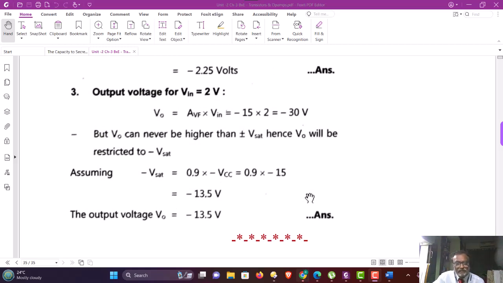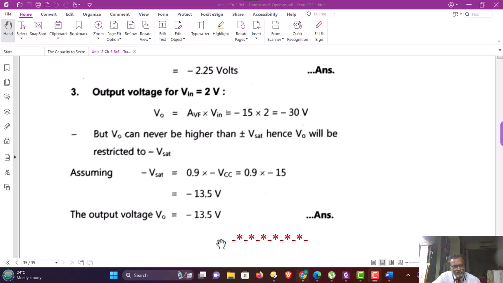Whereas in the case of a practical operational amplifier like the 741, the maximum saturation output voltage is limited and does not even reach the supply voltage. It is only 90% of the supply voltage. Exactly speaking, for the 741 at 15 volt, the maximum output swing will be approximately plus minus 13 volt, and approximately 90% of the supply voltage is 13.5.